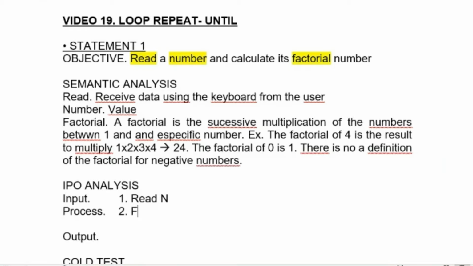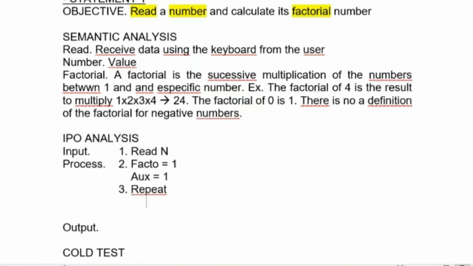You need a variable factor equal to 1. And then you need a variable outs equal to 1 too. Okay? Step number 3. Repeat.